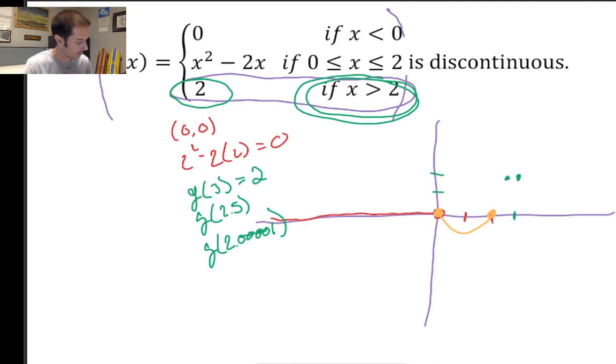At 2.0001 we still have a y value of 2. And then this third piece is not defined for x equals 2, so I've put a little open circle there. That open circle gets sort of covered by this closed circle down here.